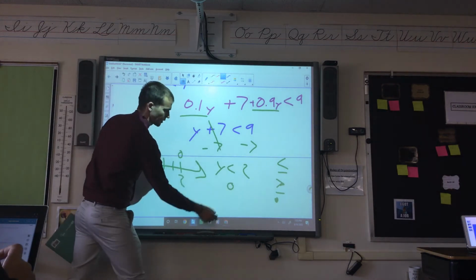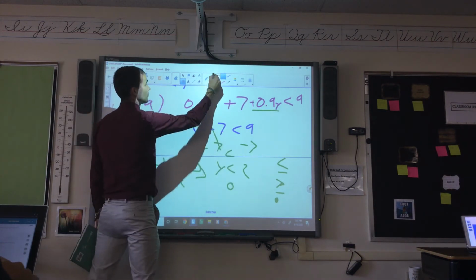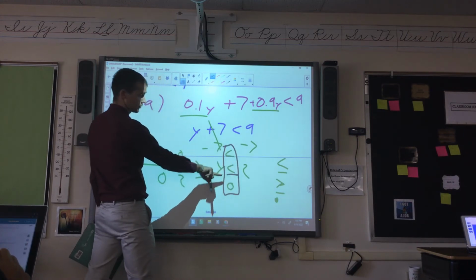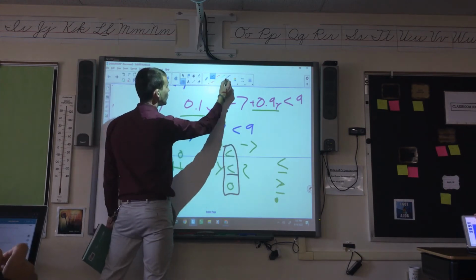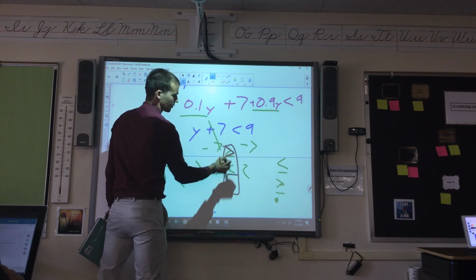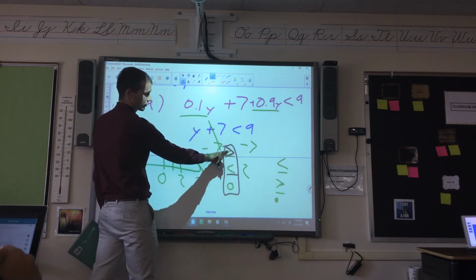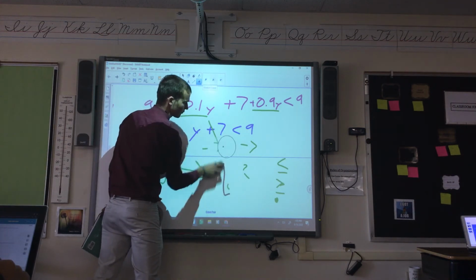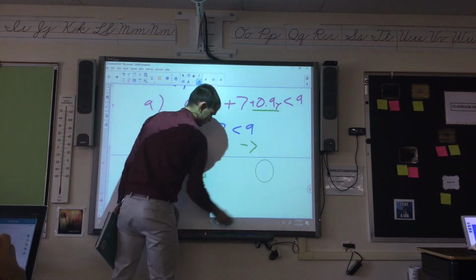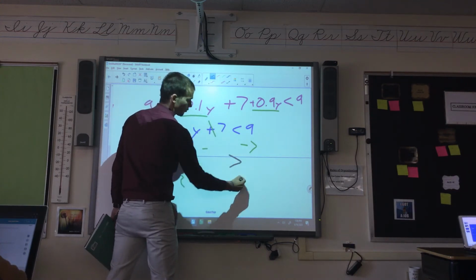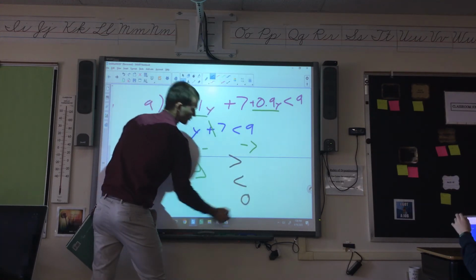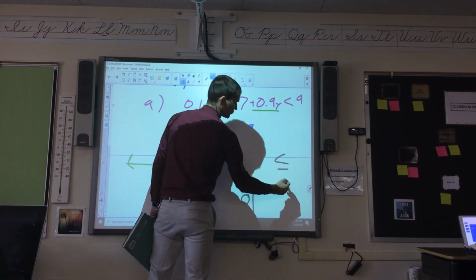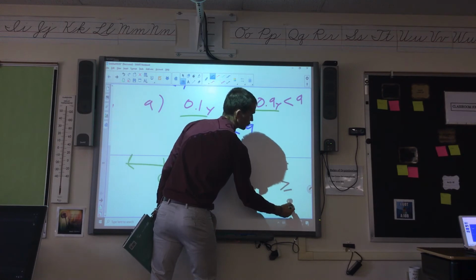So I would make sure I'm taking notes on that part right here. I'll put it in black for you guys. Greater than or equal to, less than or equal to. Just greater than or less than means open circle, and greater than or equal to, less than or equal to means closed circle.